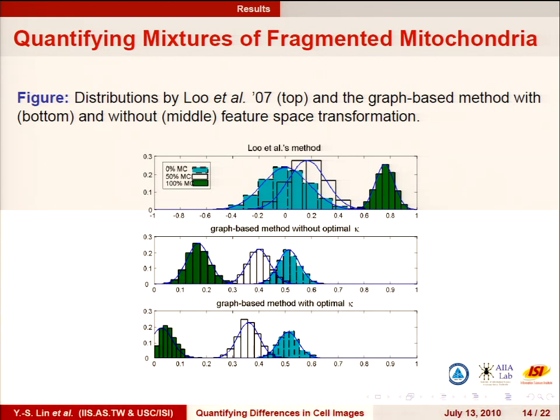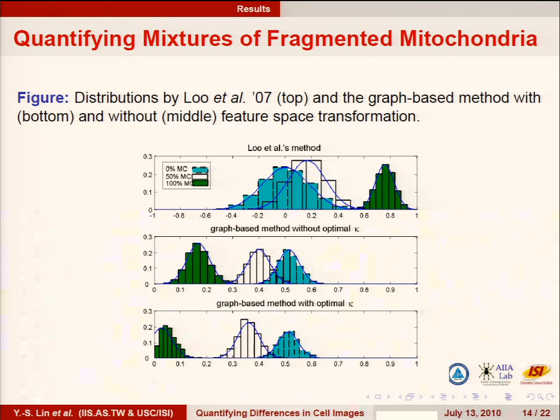The green represents the images with fragmented mitochondria, and the blue represents the distribution of the images with intact, normal mitochondria. The transparent one is the set of images with 50 percent fragmented and not fragmented cells.